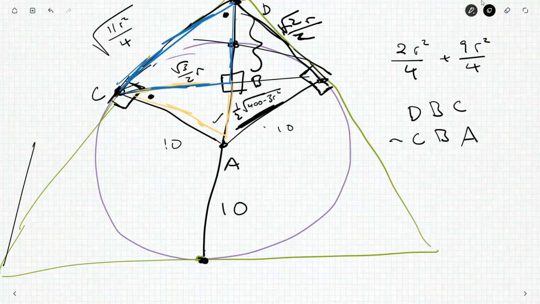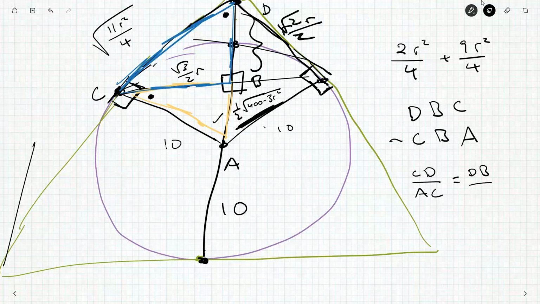Okay, so these triangles are similar. So CD over AC, the hypotenuses have the same ratio as DB and CB. Those two, and then those two.